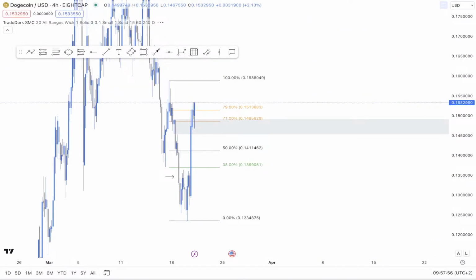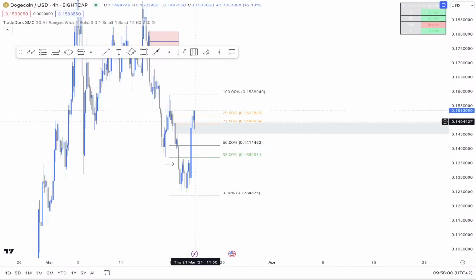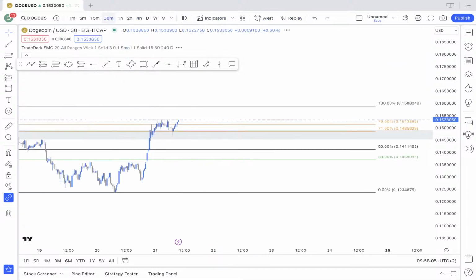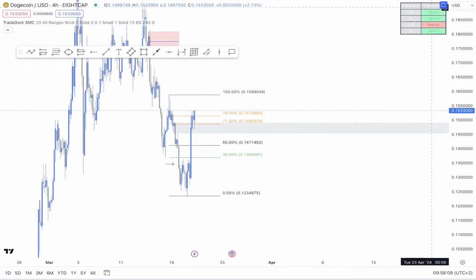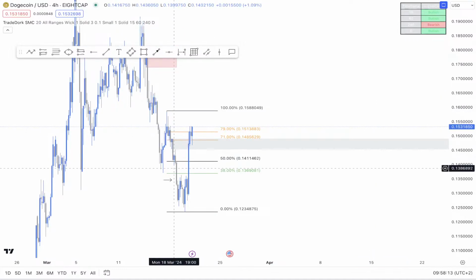On Dogecoin, similar to Bitcoin, we have a bearish setup running as we speak at around the entry price. Of course, this one is running in a small drawdown, as we can see. The reason I took this one is pretty similar to Bitcoin as well. I saw a break of structure to the downside with this bearish leg, looking pretty impulsive.